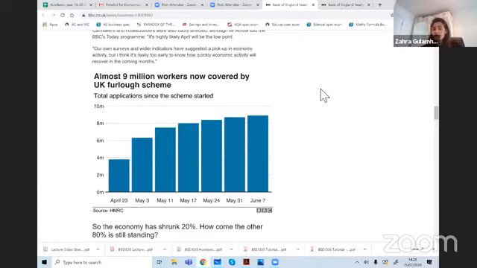For example, here, I could say for application, the government supported a lot of workers through the UK furlough scheme. But an A or an A star answer would say, during the coronavirus, the government supported a lot of workers through the furlough scheme. Almost 9 million workers were covered by the furlough scheme by June 7.